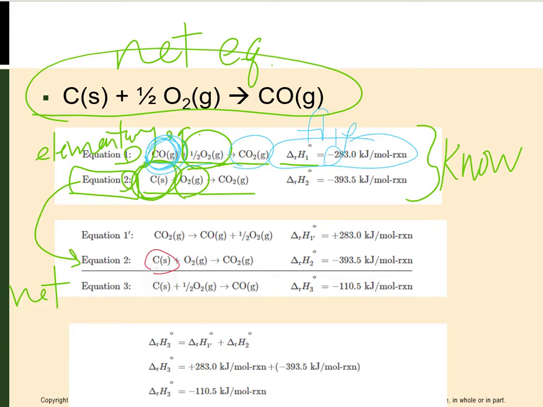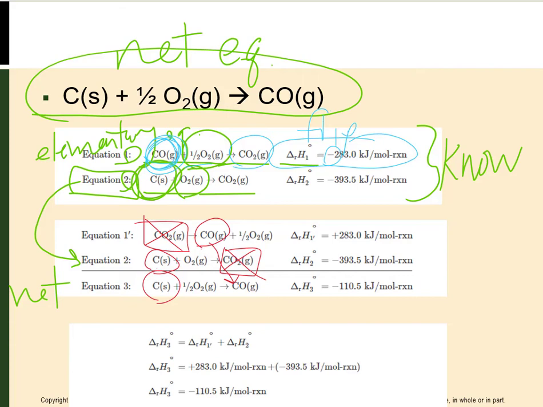So carbon's going to drop down to give me C. We're going to come back to oxygen here in a second. Notice that on the right side of my arrow, I have CO, which is going to drop down here. Now, why is there not CO2? Well, because I have CO2 on the left of an arrow and CO2 on the right of an arrow, they cancel each other out.